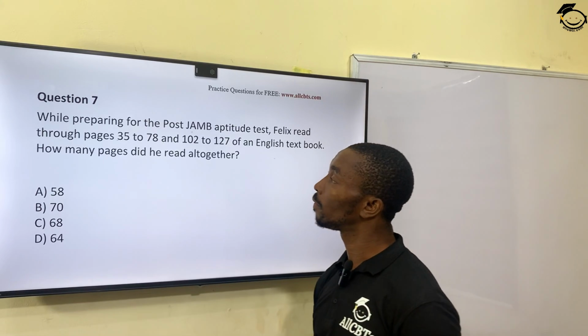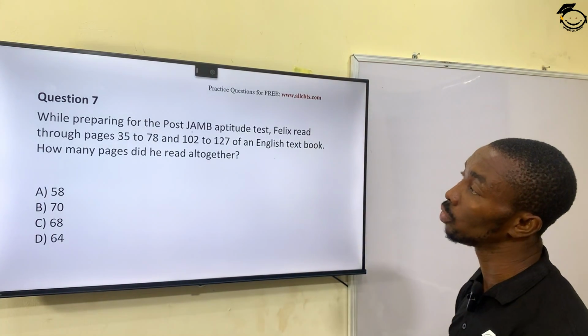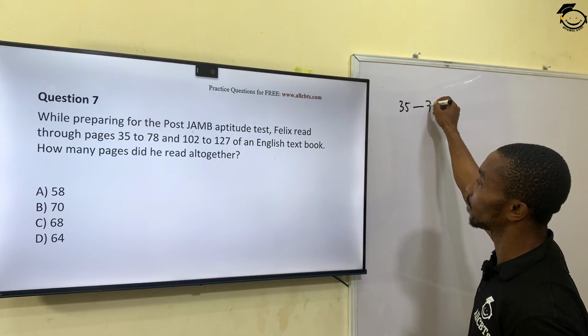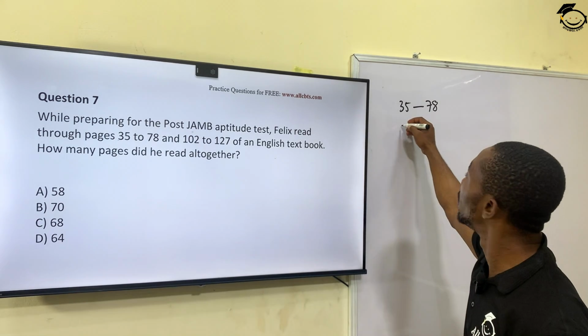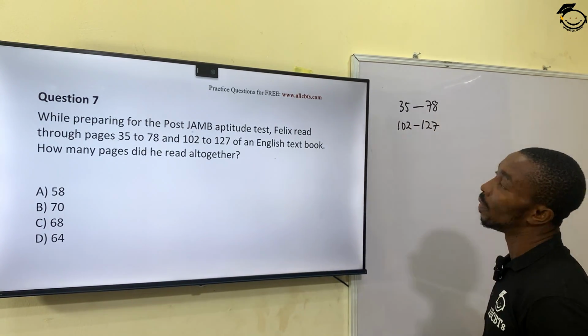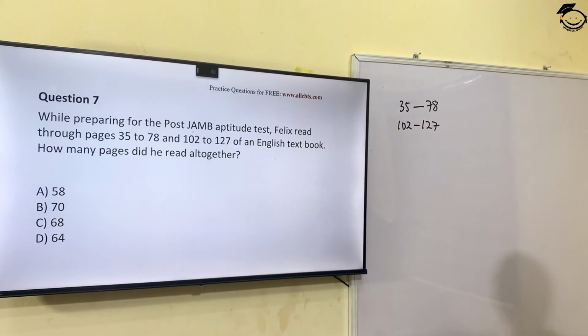While preparing for the post-JAMB aptitude test, Felix read through pages 35 to 78 and pages 102 to 127. Now, of an English textbook, how many pages did he read altogether?